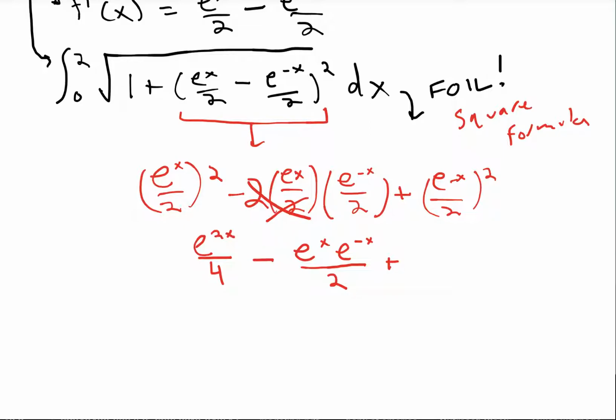Similar comment over here, if I take a power to a power, I multiply, and I can't forget to square the bottom. And this means, ultimately, I'm going to get e to the 2x over 4 minus a half plus e to the minus 2x over 4. Okay?